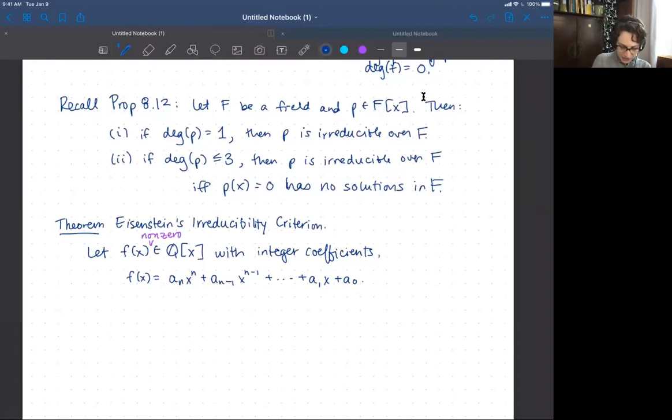We're then going to think about prime numbers and how they might relate to this polynomial. Actually, let me say it this way. Sorry, I'm unhappy with the way that I'm stating it here.